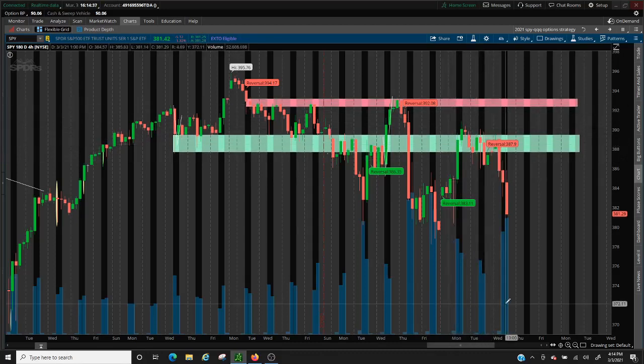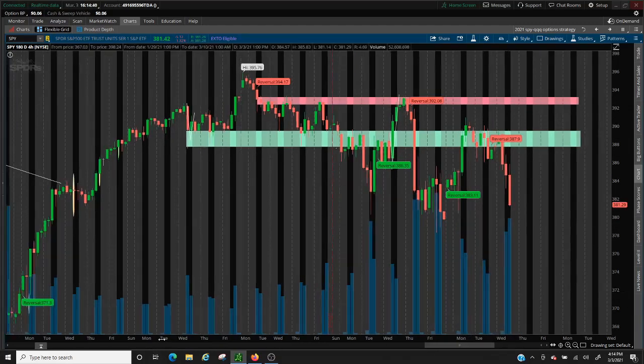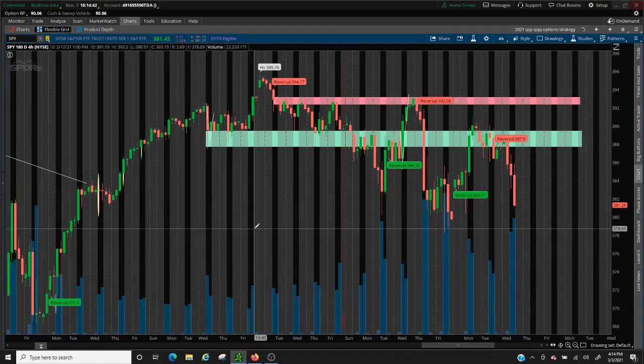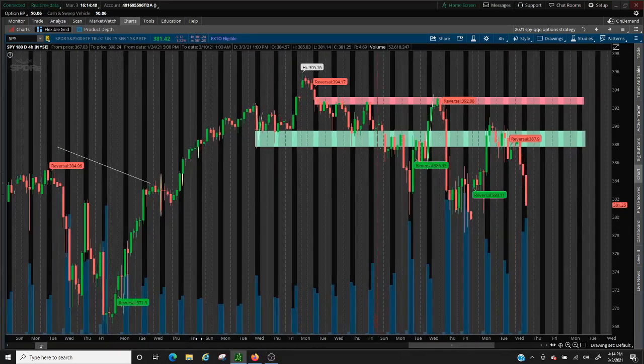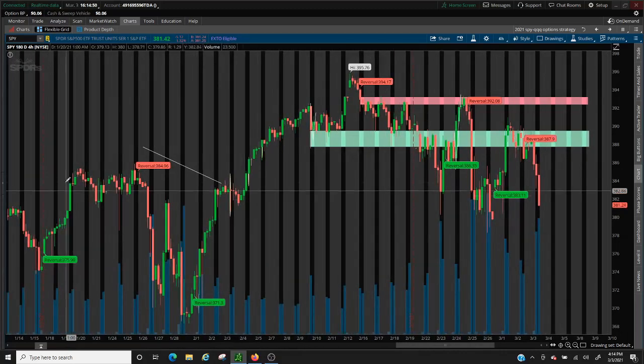Let's see if we can identify another well-defined support and resistance. Okay, so let's see. We're going to do it right over here at this point.